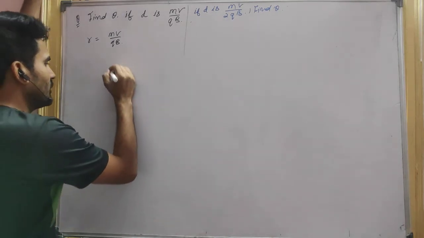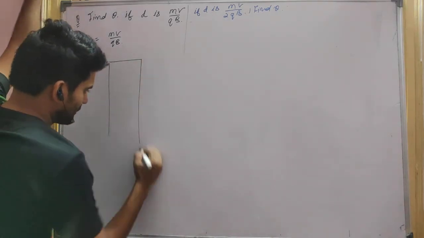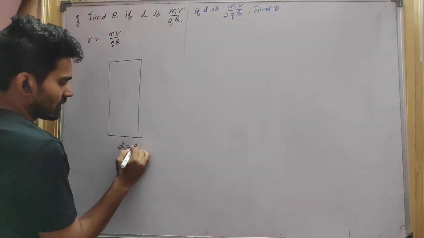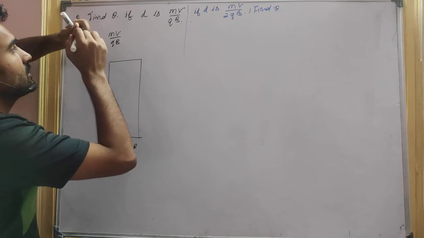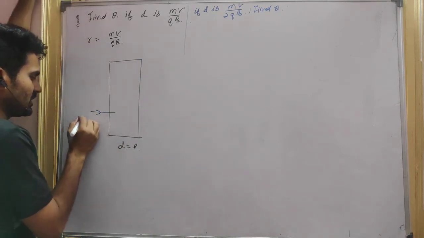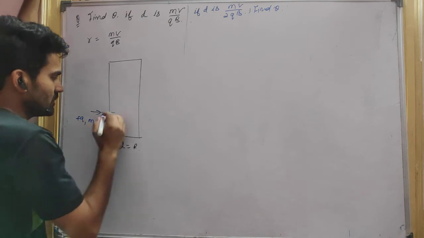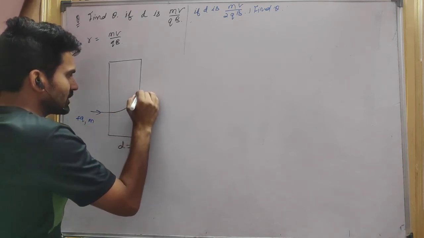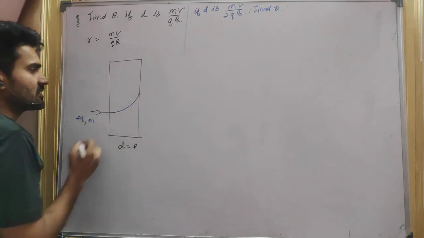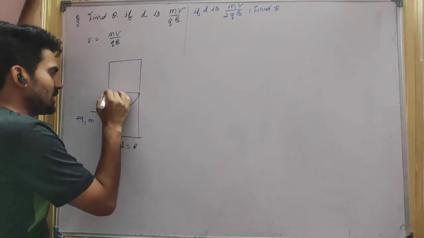So the thickness is d, and that is equal to r. Sorry, this one. So it will go like this, plus charge, mass is m. It will try to make the circle like this, but here the field is finished.